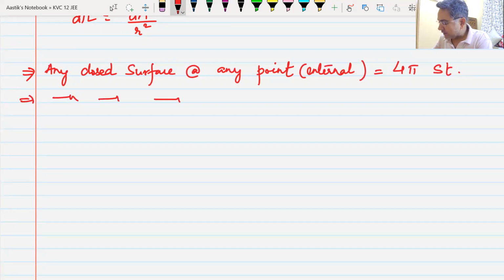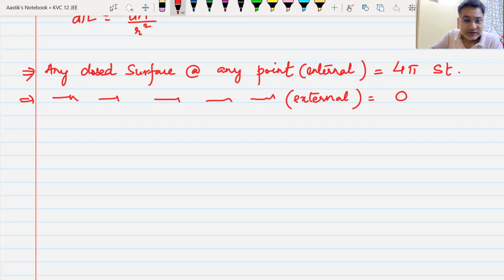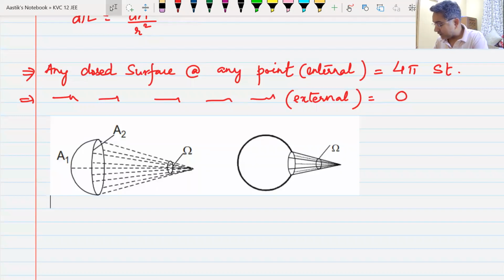Any closed surface at any point which is external to it will subtend an angle 0. Why will it subtend an angle 0? Because as long as this is an open surface, it subtends some angle.